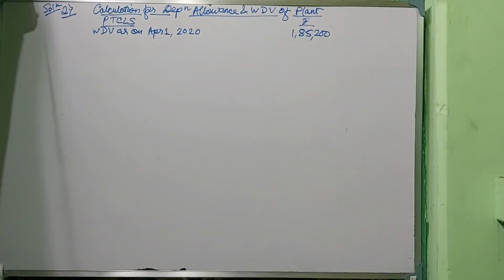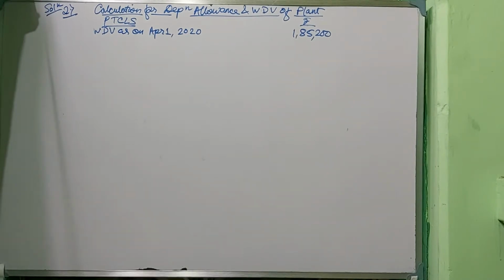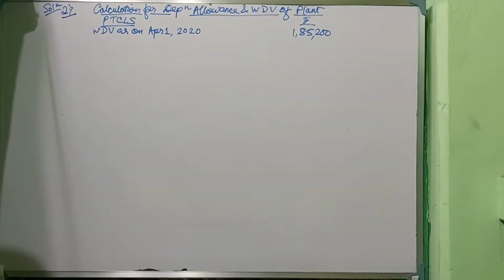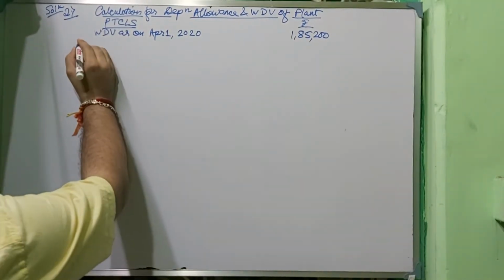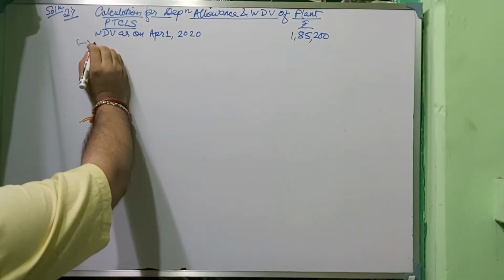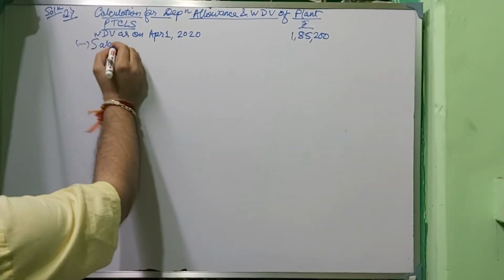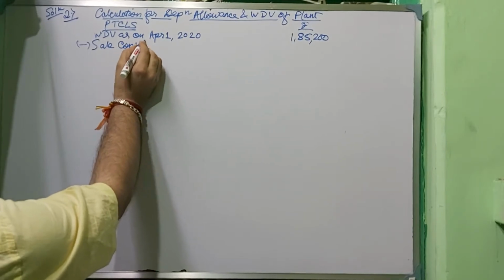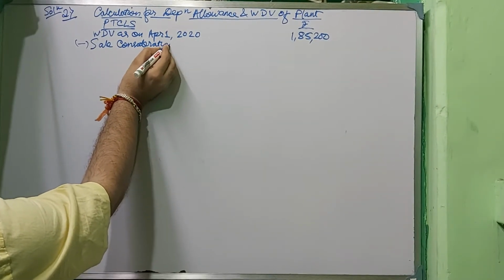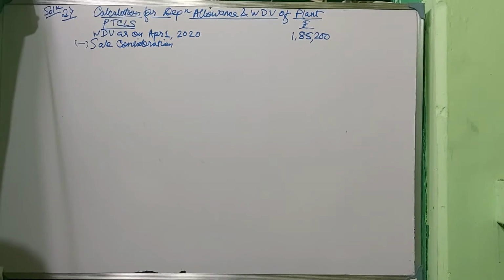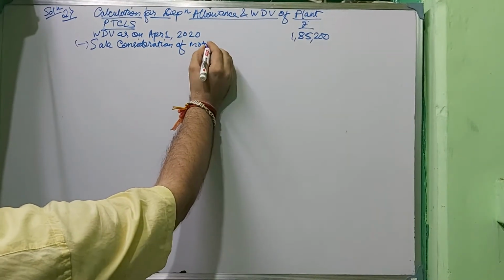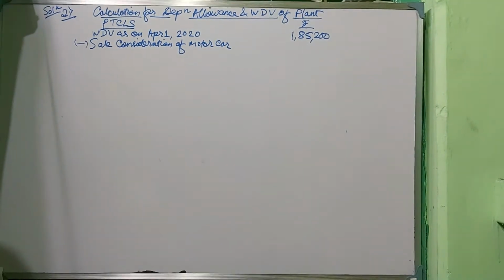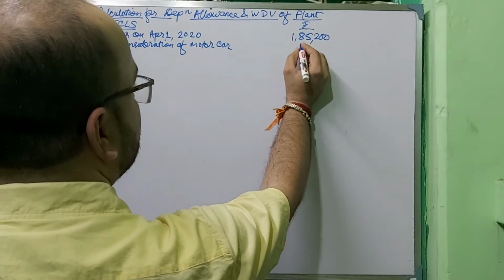You have to deduct the sale consideration. The motor car has been sold on 12th of December 2020 for rupees 35,000, which has also been provided. So the sale consideration of the motor car is rupees 35,000.